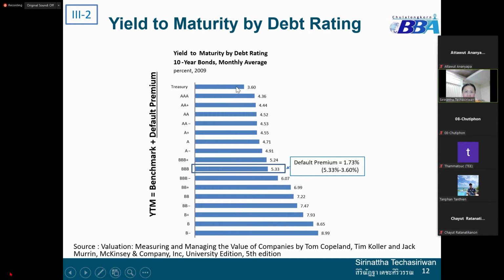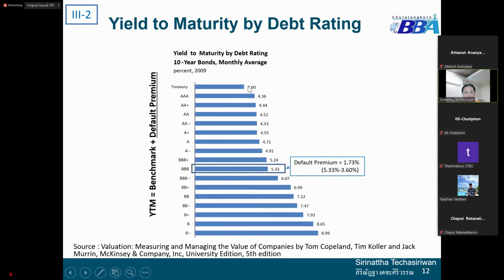For example, this is the yield based on credit rating. The lower the rating, the higher the yield. The higher the risk, the higher the cost of debt. This is the treasury, the risk-free rate, and the default premium is the difference between the yield of the risky debt and the risk-free rate.